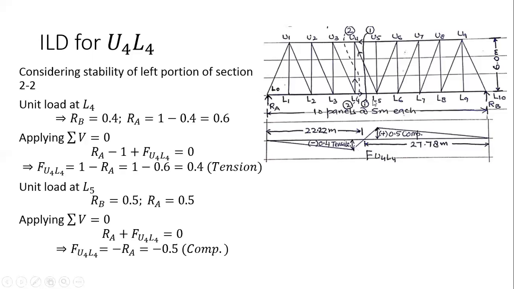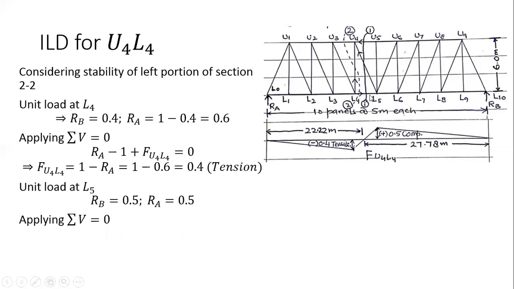Now I have to find the distance at which the force changes from tension to compression. How much is this distance? I have to apply the similar triangle principle here. Just consider this triangle: this is my 0.4, this is my 0.5. Suppose this is my x, so this is 5 minus x, because the distance between this and this is 5 meters.